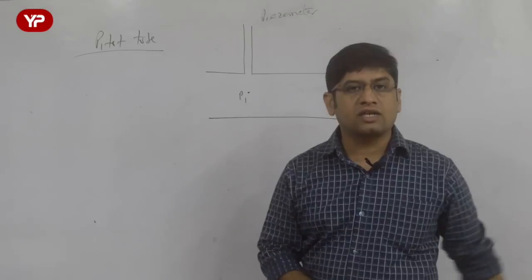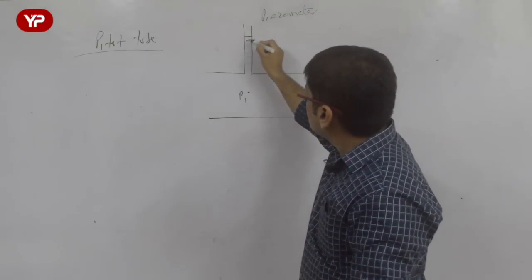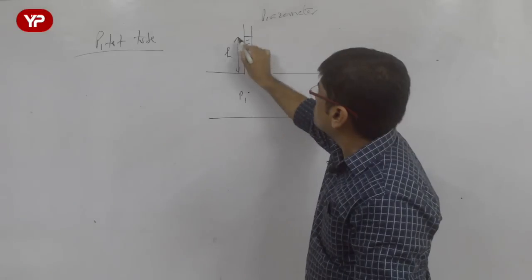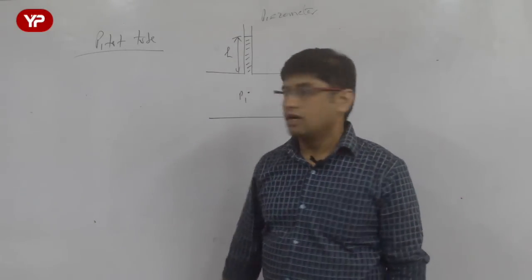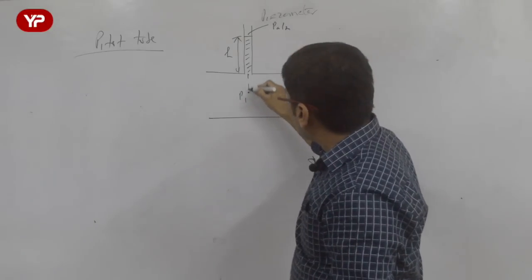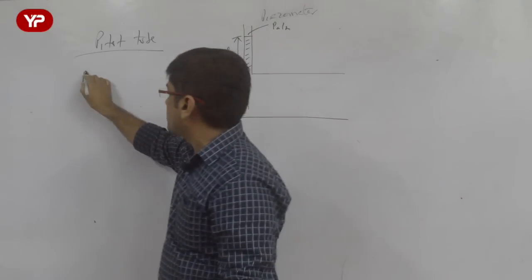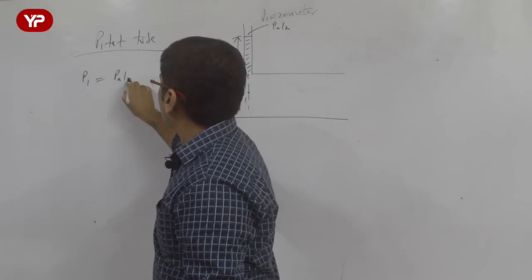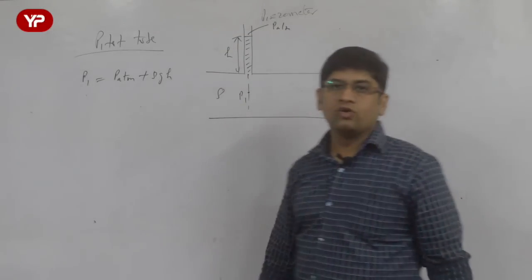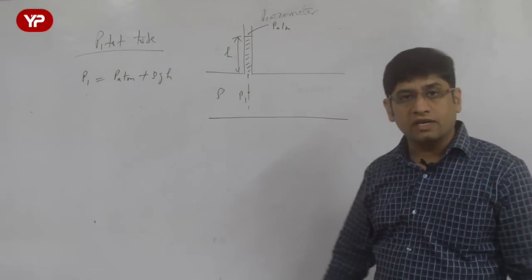Let us say P1 is the pressure at the section, and if that pressure is more than atmospheric pressure, the liquid is going to rise. Let us say small h is the height. The pressure at the top is P atmosphere. So what will be the pressure at the section? By the hydrostatic law, P1 is P atmosphere plus rho g into h, where rho is the density of the fluid which is flowing. This is the concept of a piezometer.